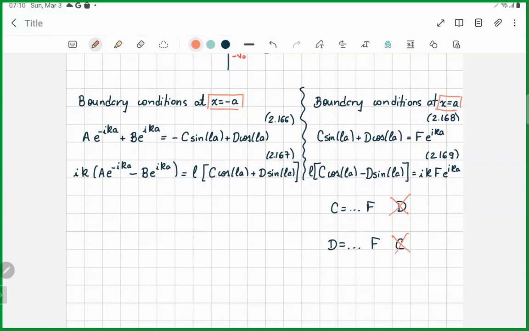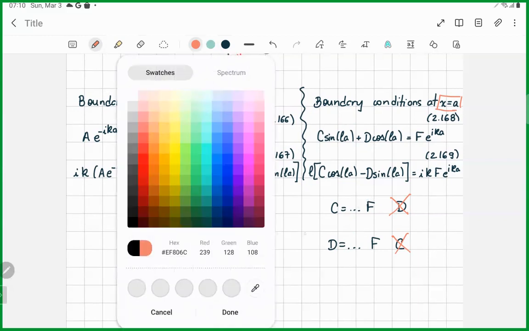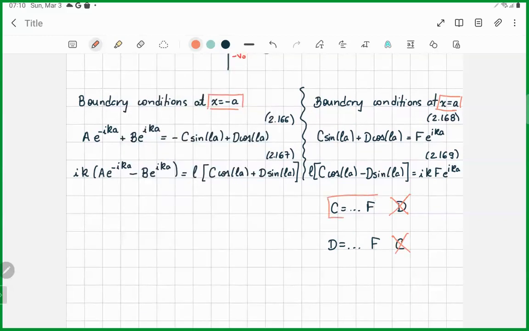What for? With these two new equations, we are going to come back to the left side. Instead of C, we are going to write it in terms of F, and instead of D, we are going to write it in terms of F using what we found here. Same thing at the bottom equation.